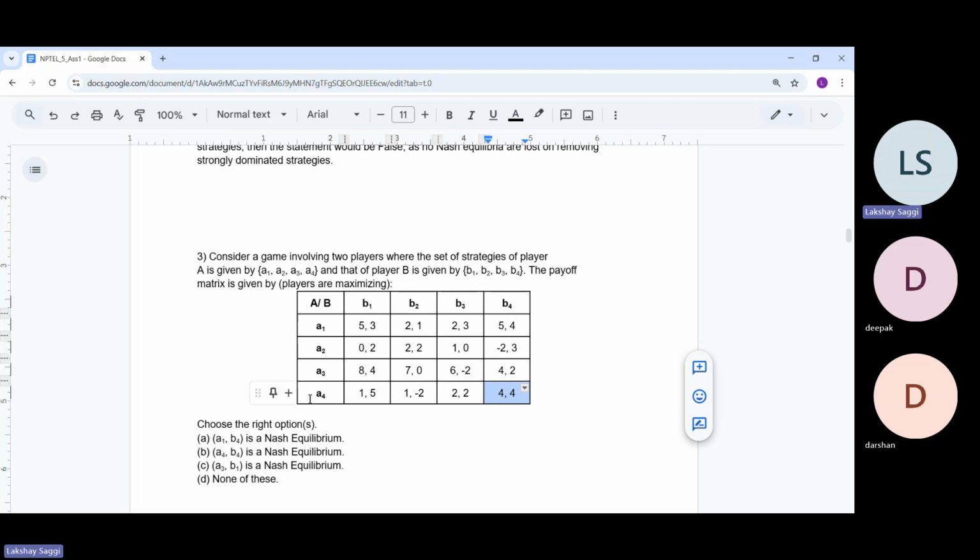So if player A changes from A4 to A1 and player B is still playing B4, then the payoff corresponds to the A1 row and B4 column. Here we see that player A is getting 5 rupees and player B is getting 4 rupees. Earlier player A was only getting 4 rupees and now he gets 5 rupees. So player A will want to switch from A4 to A1.